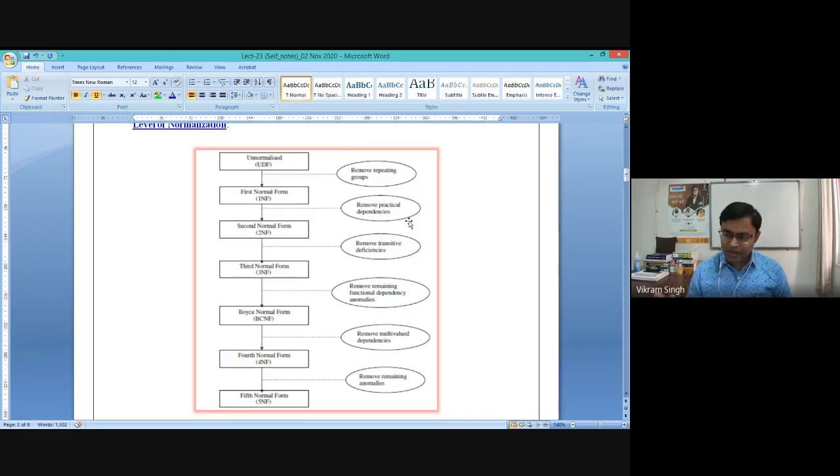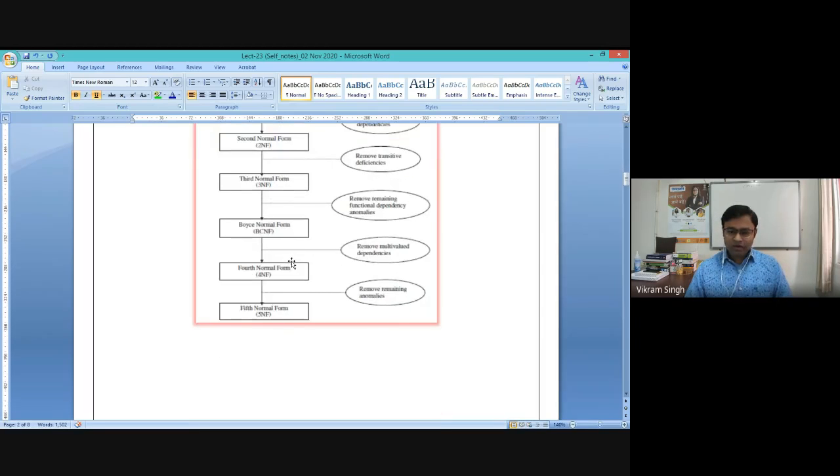Highest normal form means when you take it to third or BCNF, then only that database table will become more efficient. You can easily access or manipulate the data without concerning about anything. It is a kind of automatic process: when you take it to its highest form, it will automatically become a table that supports efficient access. That will be the objective.